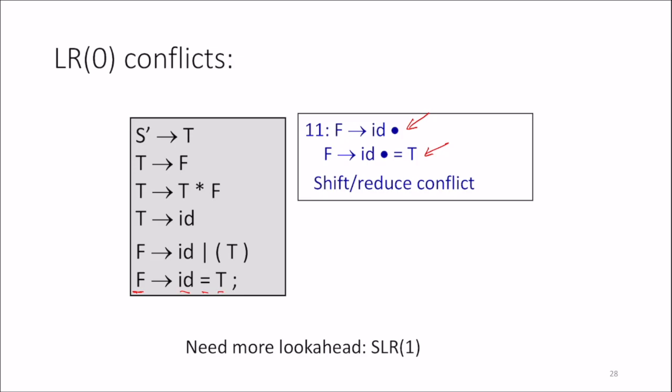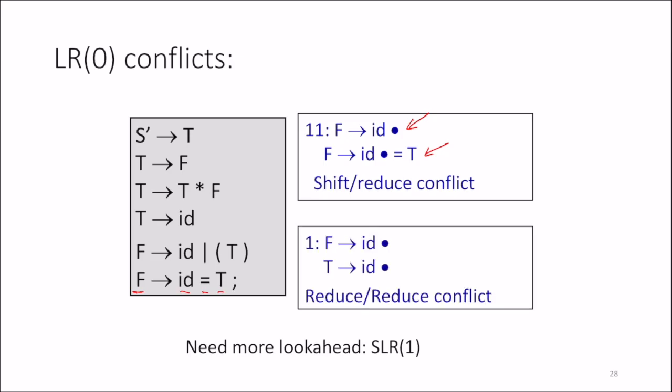That's going to happen when I try to compute the configuration set, or set of items, using this LR0 algorithm. I'm going to end up with this situation. I actually will also end up with a reduce-reduce conflict where F goes to ID and T goes to ID. These two rules will end up with the dot at the end in the same state.